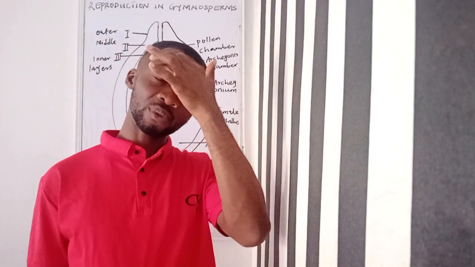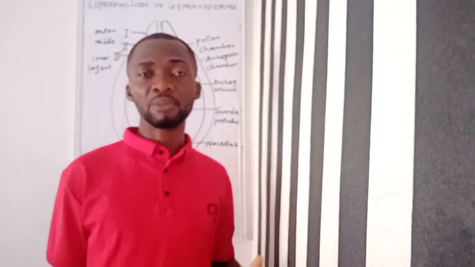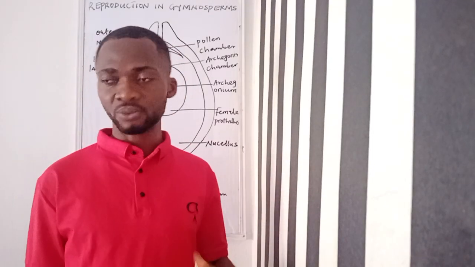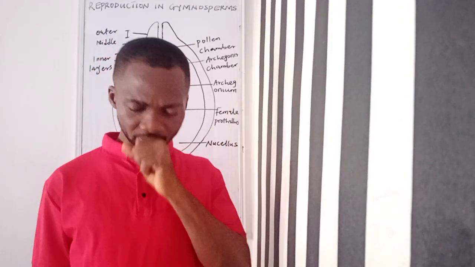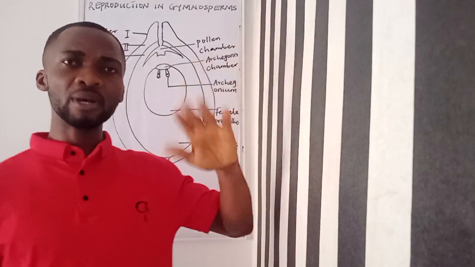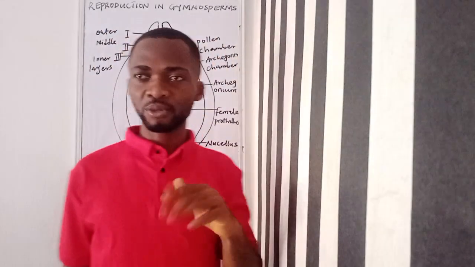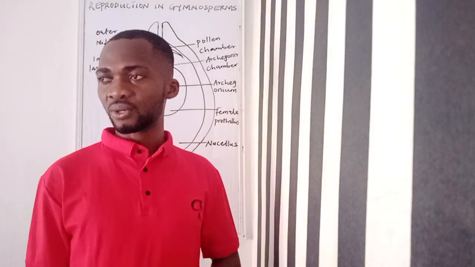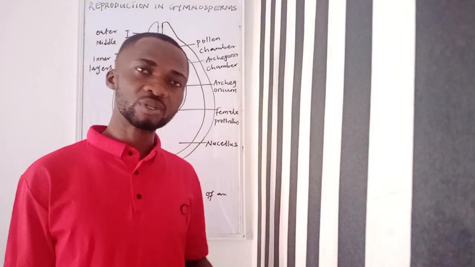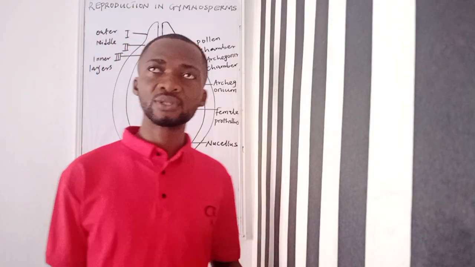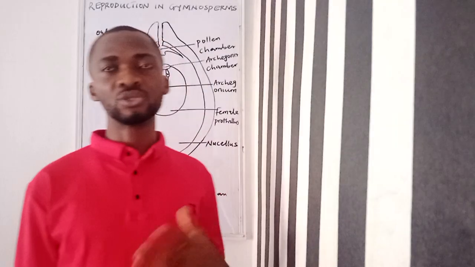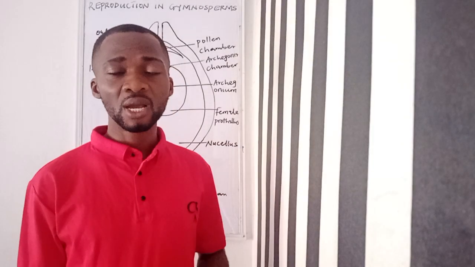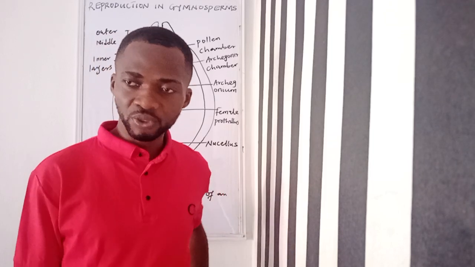You remember we ended the class by mentioning the extinct gymnosperms and the living gymnosperms: the Bennettitales, the Cordaitales, the Pentoxylales, and so on and so forth. Then the living gymnosperms, we talked about the Cycadales, Gnetales, Ginkgoales, Coniferales. These are the orders of living gymnosperms.